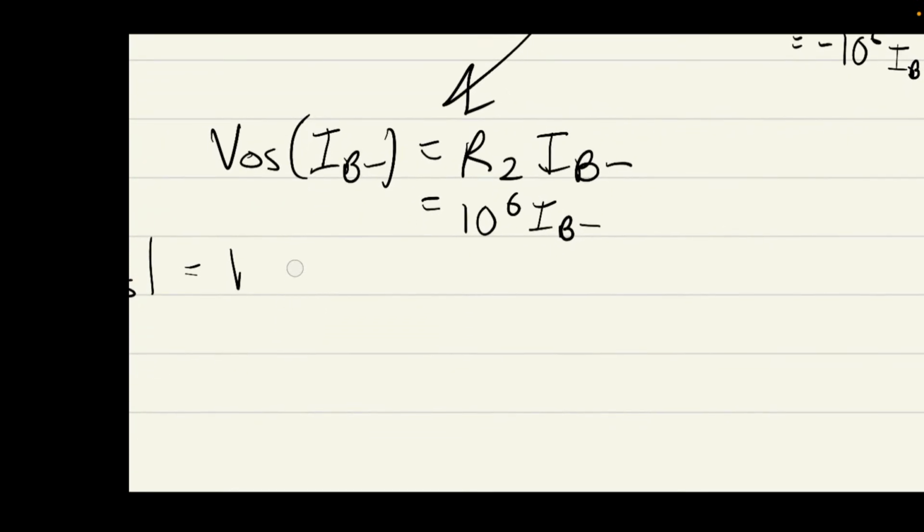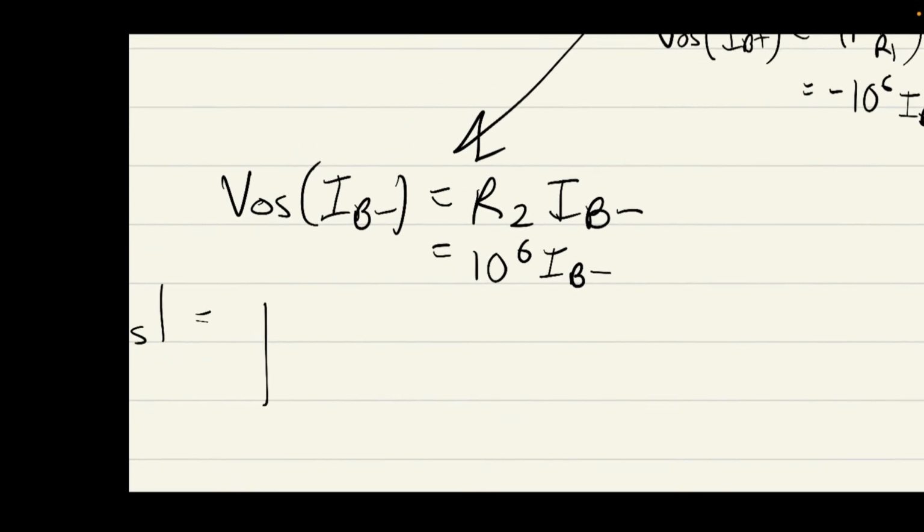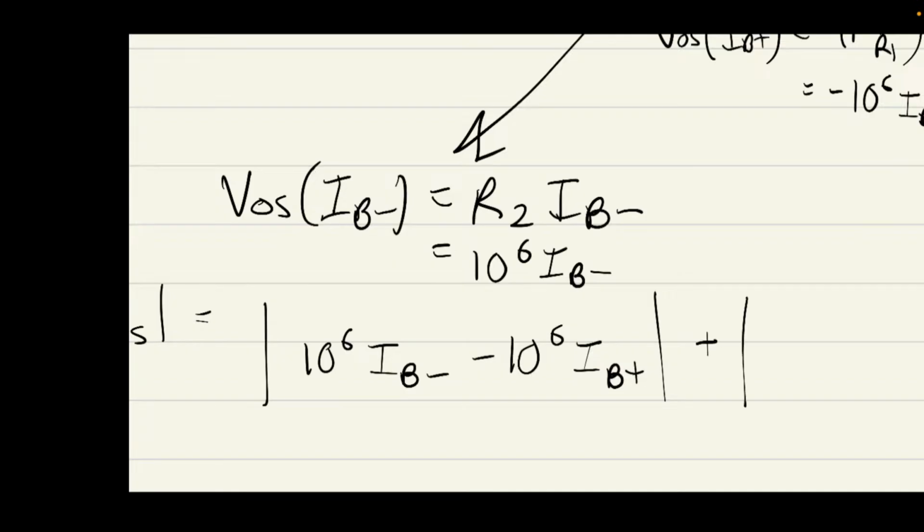So in the first bracket, we have the absolute value of the contribution of IB minus. So 10 to the 6 IB minus 10 to the 6 IB plus. And then we're adding on the offset due to the voltage. So that is just going to be minus 101 VI naught.